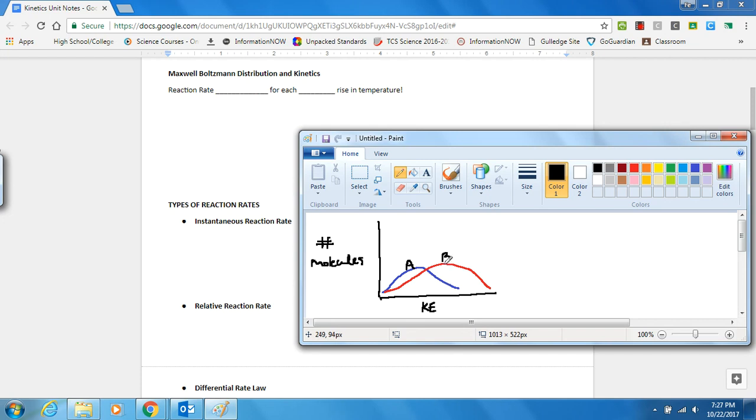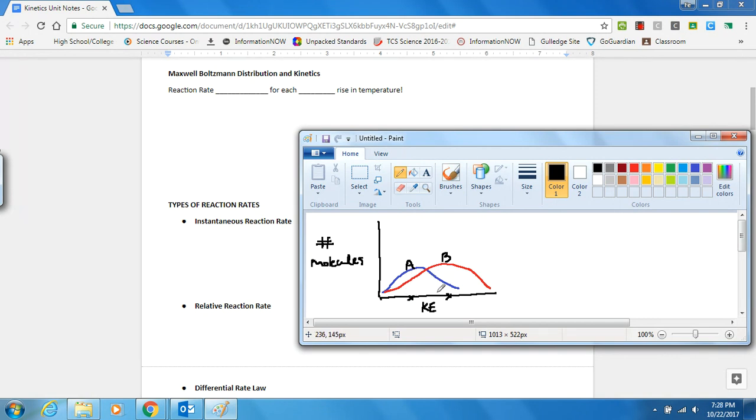B's kinetic energy lies on the x-axis right here, and A's lies on the x-axis there. I'm just looking where that peak falls on the x-axis. We're not looking at heights of peaks or anything like that. We're technically looking at area under the curve. So if I compare B to A, B has a greater temperature than A.